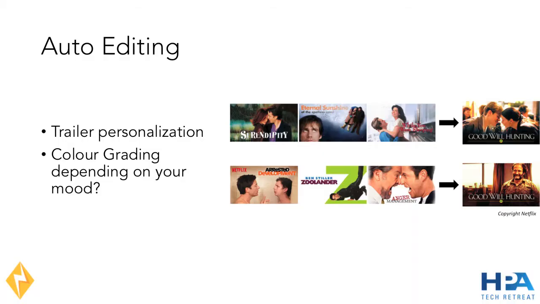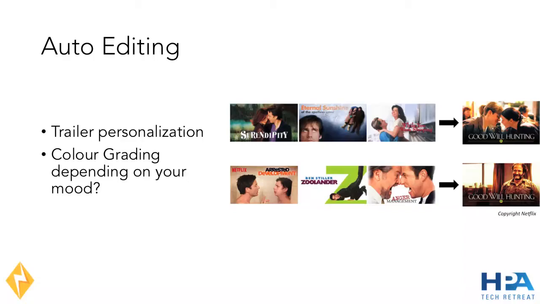Auto-edit: I was talking about what happens when your browser reads your cookies and changes the content based on your profile. This is something coming from the tech blog of Netflix, where they show that depending on the movies you have seen previously, you will be presented different versions of the movie poster.